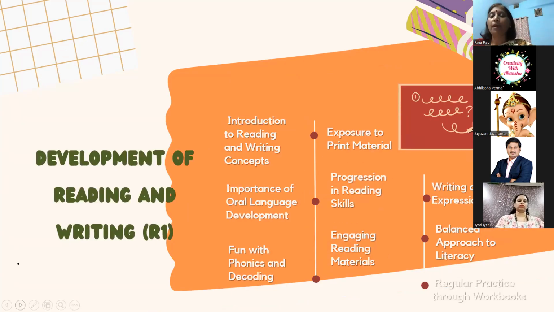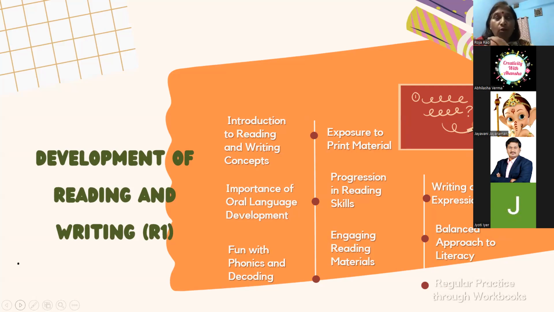Next, now how the introduction to reading and writing will develop. As ma'am has already told, the graphemes and the phonemes need to be introduced here. In the 3 to 6 years, maybe they will have fun with the phonics and all that.